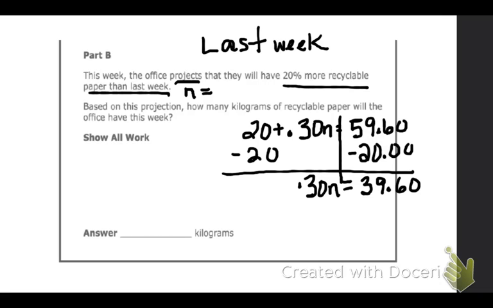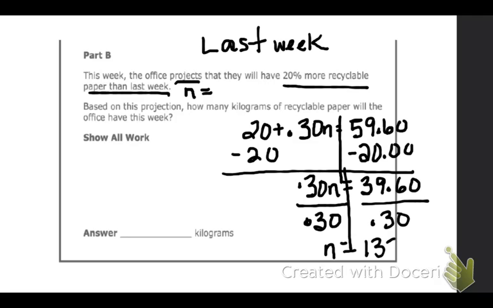Remember, you have a calculator. But notice, even though I put this all on the calculator, I'm still showing my work. Then I'm going to divide both sides by 0.30. And n equals 132. So they had 132 pounds of recyclable paper last week.